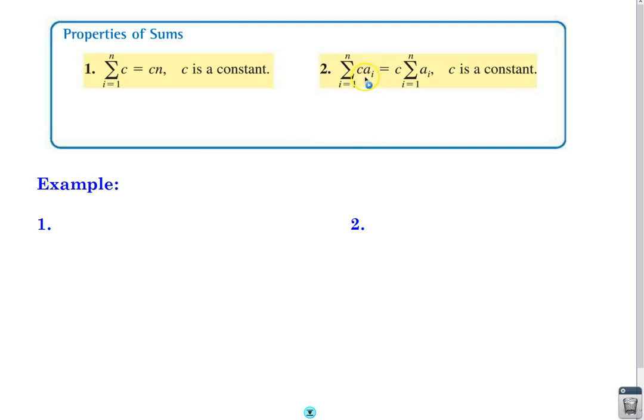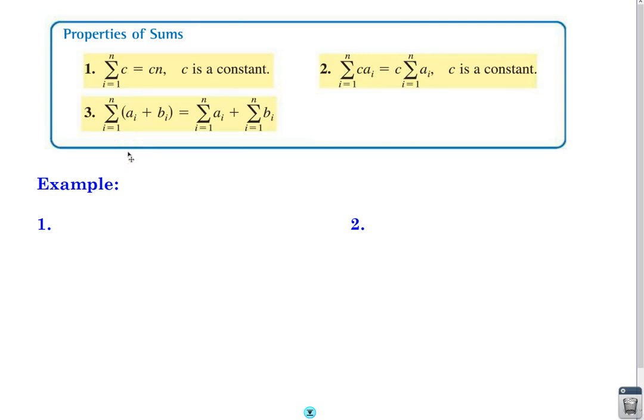So you're plugging in 1, then 2, then 3, and then 4 up to n, and then you're adding all those terms together. Well, having this c out front is the same thing as just having the c in front of the entire thing, finding the sum of this, and then multiplying by c afterwards. Either one is perfectly fine. Like that's why they're said equal to each other. They're the same thing.